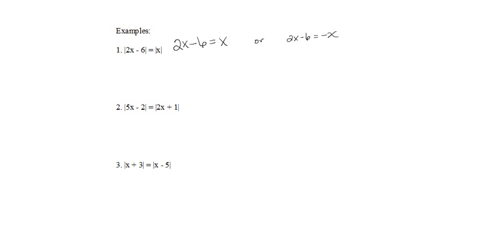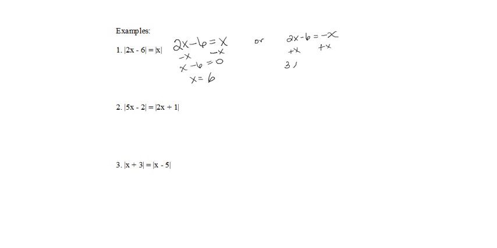When I work out the first problem, we're going to subtract x from each side. So we're going to get x minus 6 equals 0. And when I add the 6 to each side, we're going to get x equals 6. On the second, we're going to need to add x to each side.